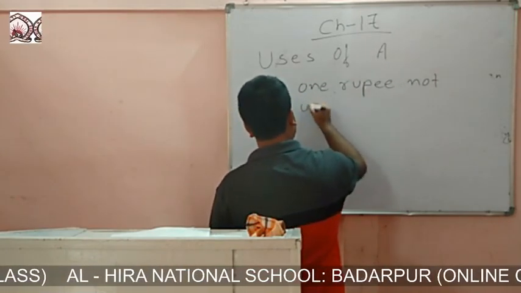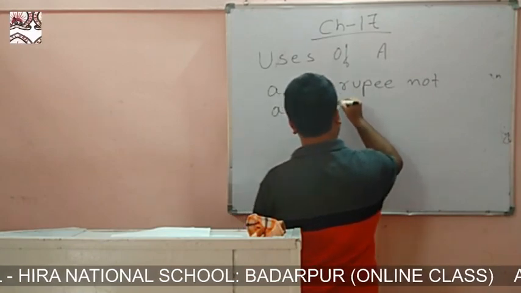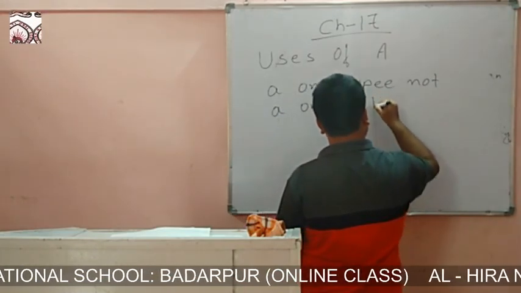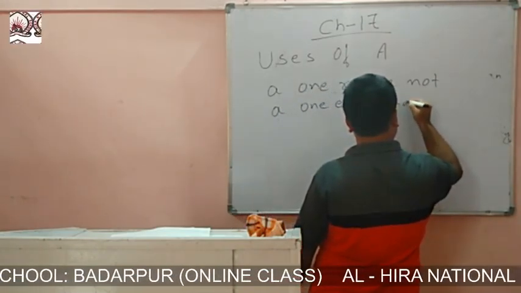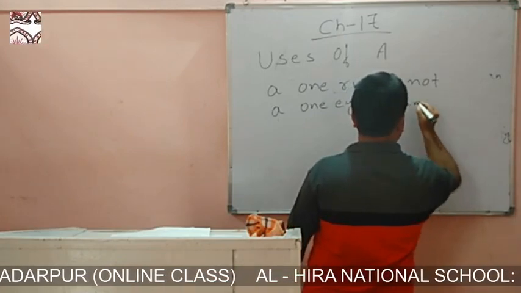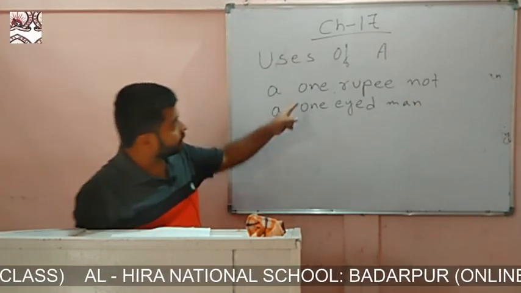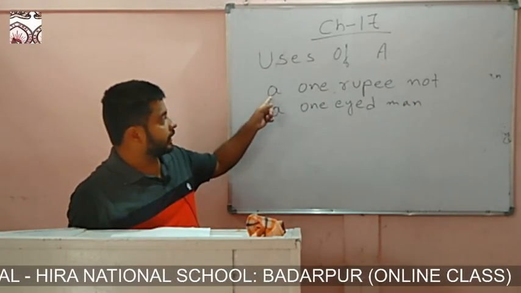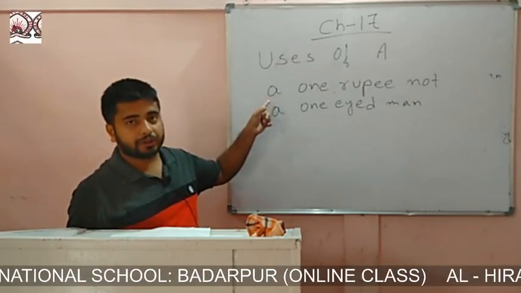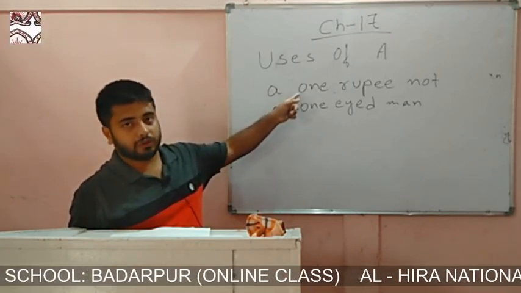A one-eyed man. I have written two examples here to make you understand. Although it is a vowel letter, I have written here a. Why? Because the sound is not vowel.